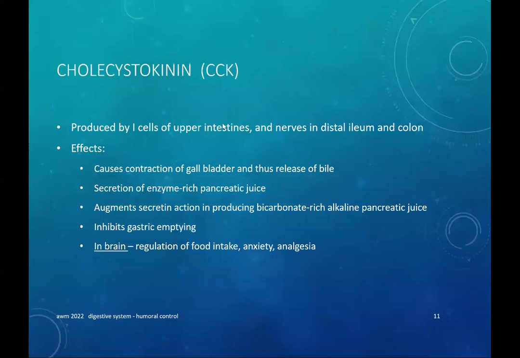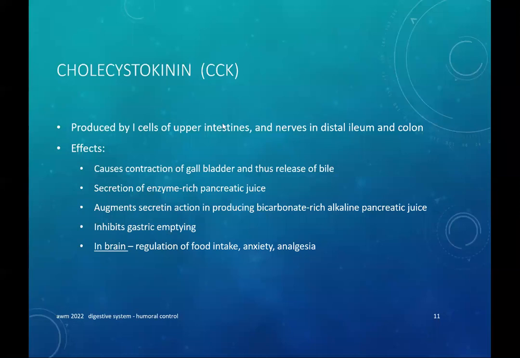It's produced by the I cells of the upper intestine and the nerves in the distal ileum and the colon. Not only in the upper intestine, because you've got the I cells in the mucosa, but in the distal ileum and also in the colon, you have nerves which can release CCK. What are the effects?